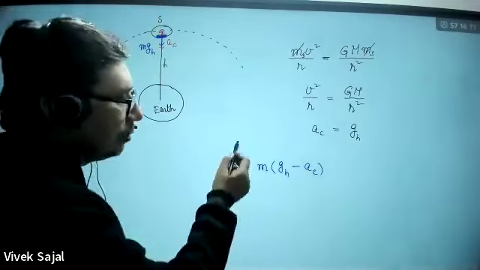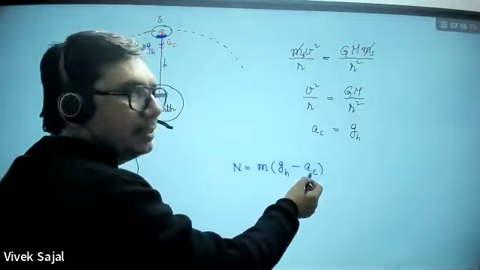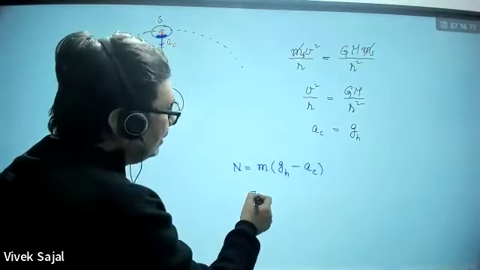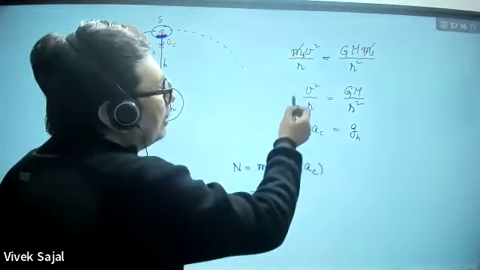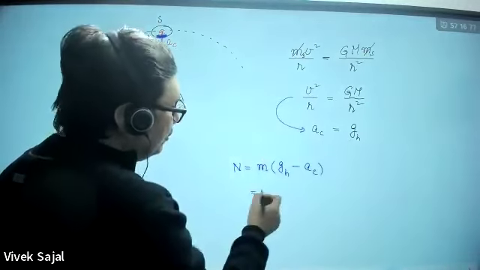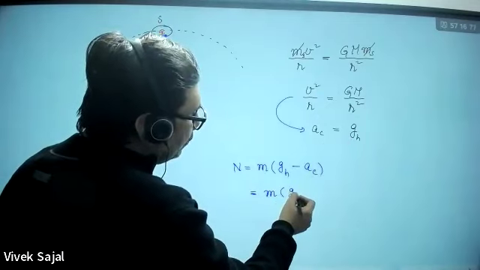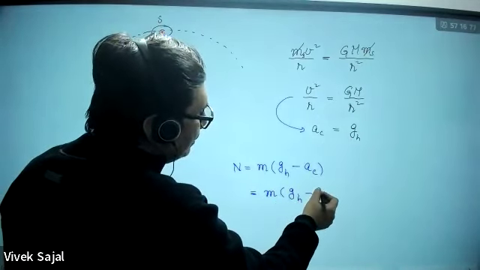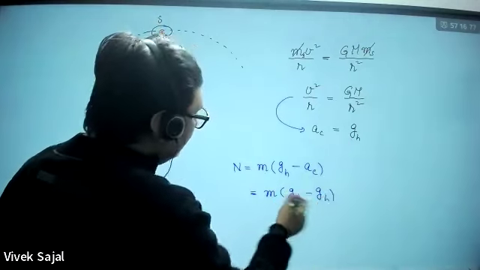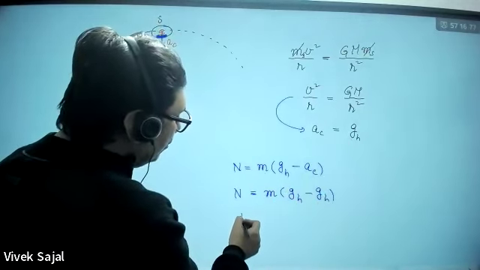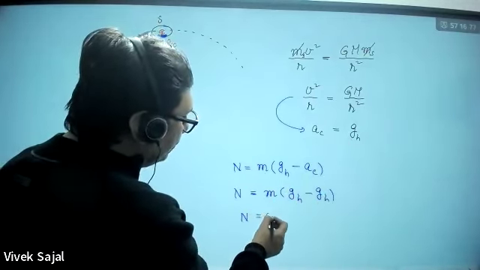That is AC. So write the same formula, mgh minus m AC. Now, how much is AC? From here you can observe that is gh. So you can write m gh in place of m AC. So gh minus gh, that will be 0. So normal reaction will be 0.